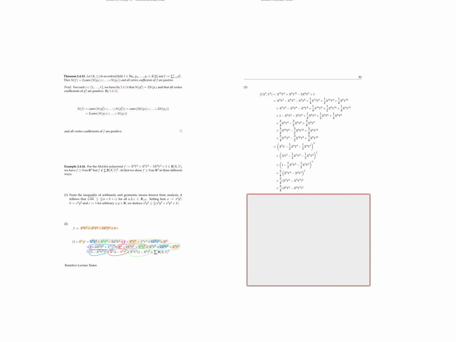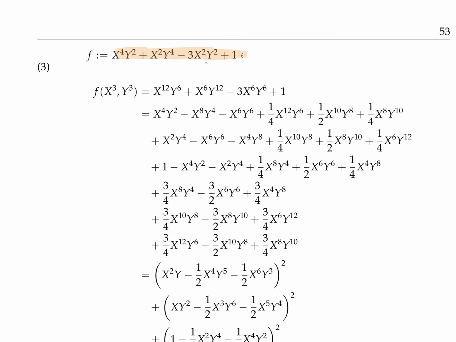So let's again look at the definition of f. So I plug in x to the 3 for x and y to the 3 for y. So this becomes this, this becomes this, this becomes this, and this becomes this. Now this is quite tricky.